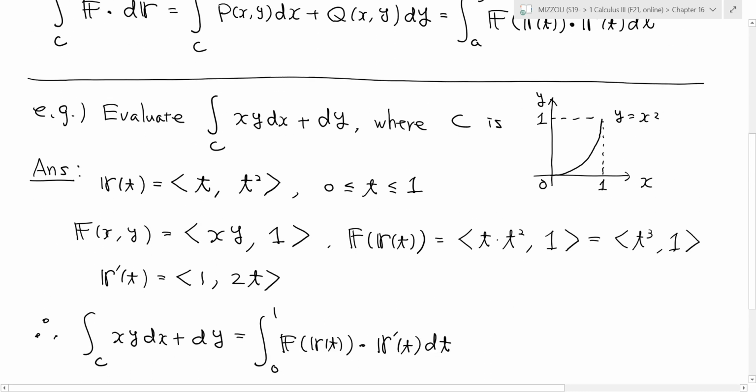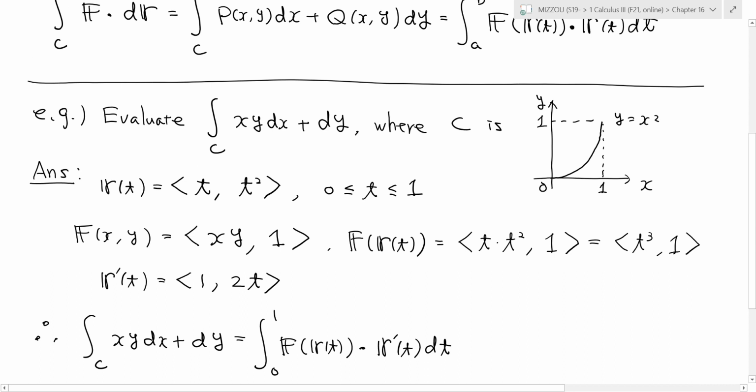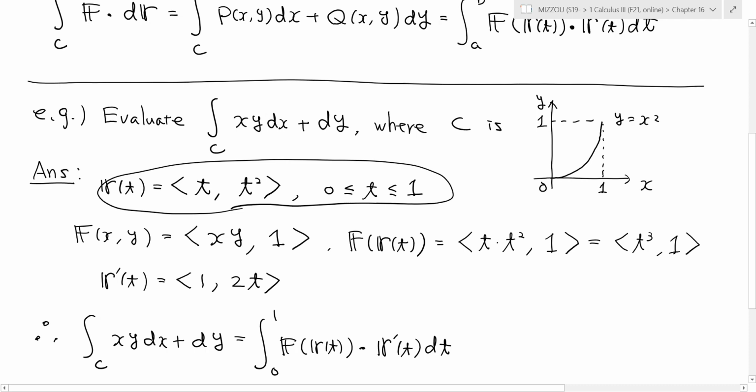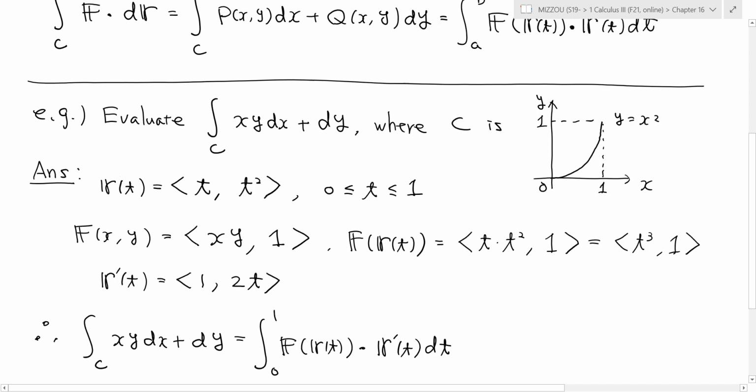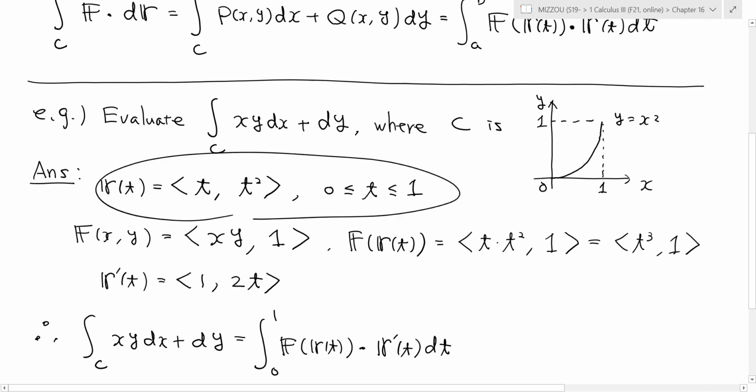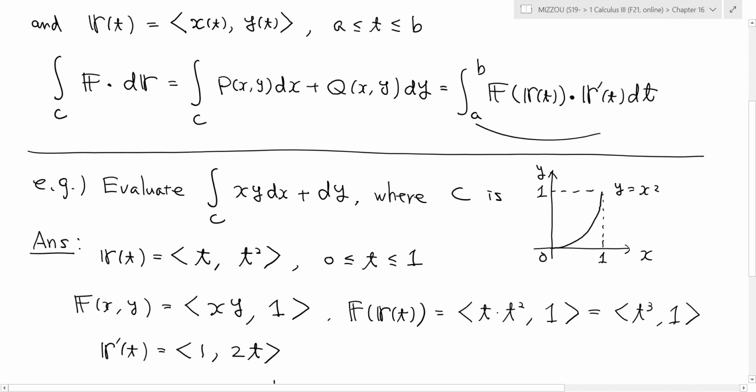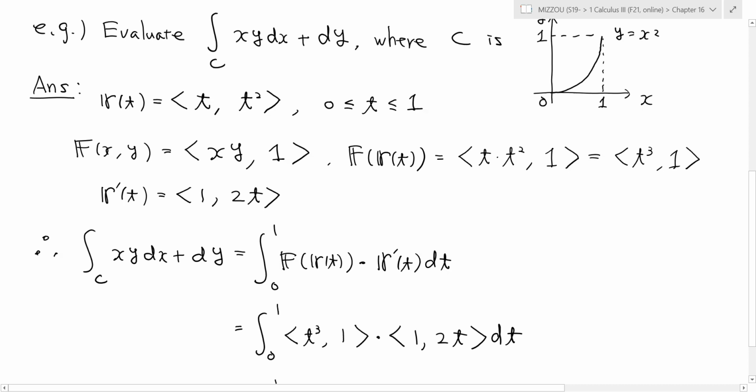Essentially for line integrals, like I said before, the key point is the parameterization. You have to find the right parameterization, and once you find it, all you have to do is plug it into this formula. For this problem, the curve you integrate is given as y equal to some function of x.